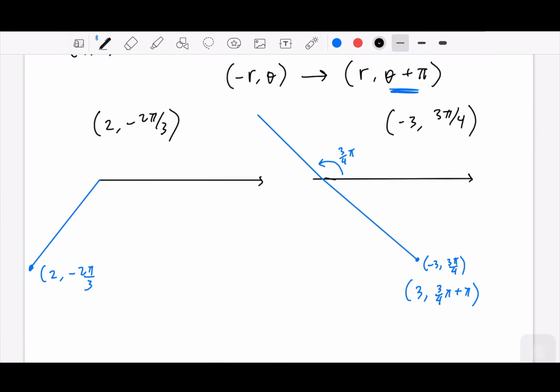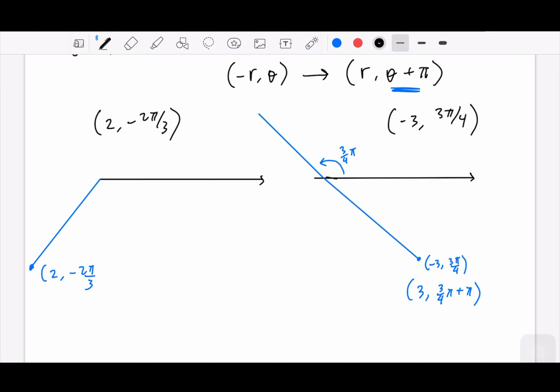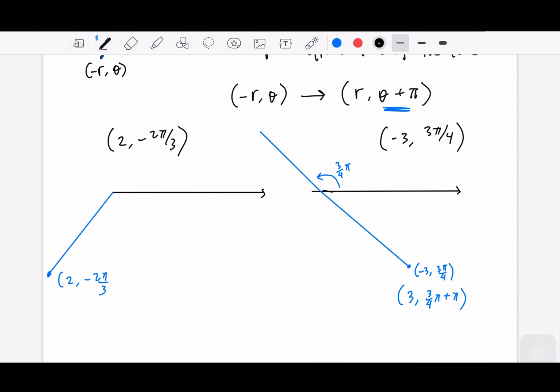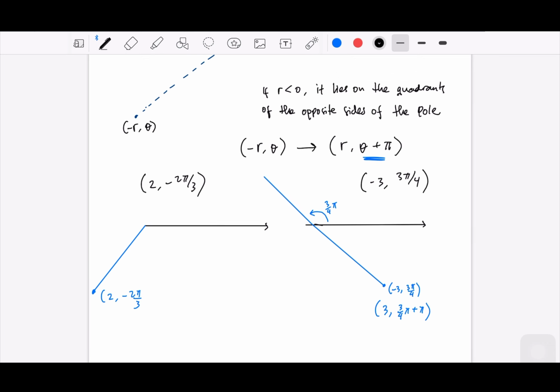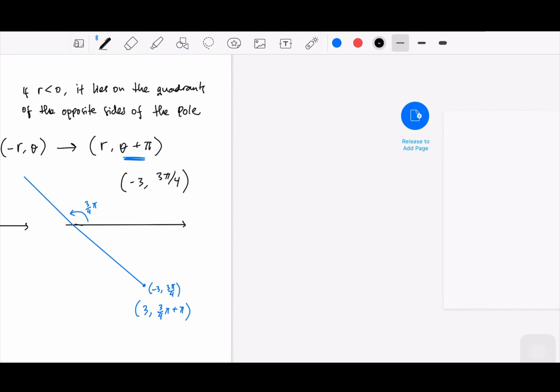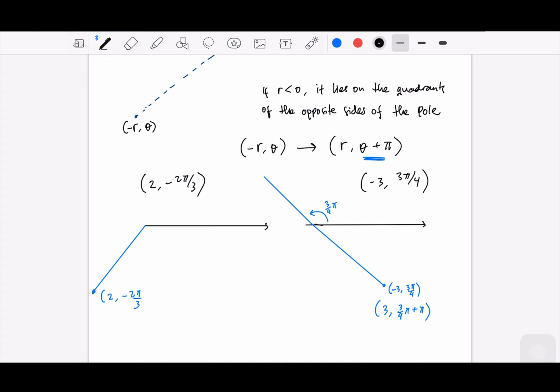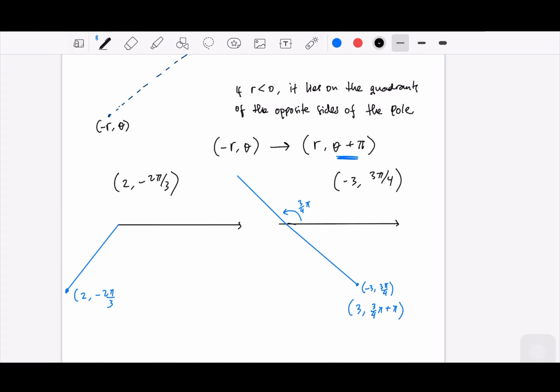I think that's one thing that is important in polar, to define the negative r. I hope you have checked the notes.